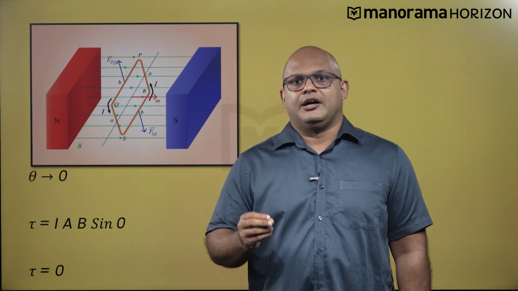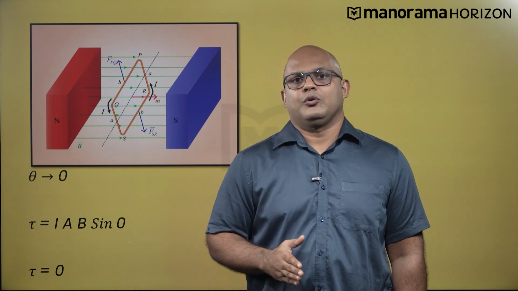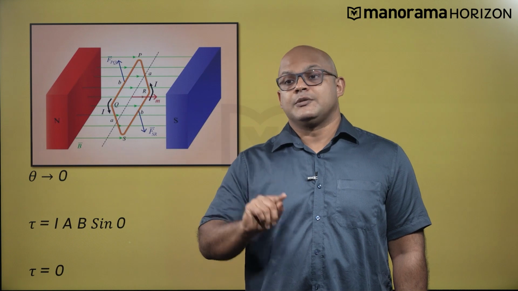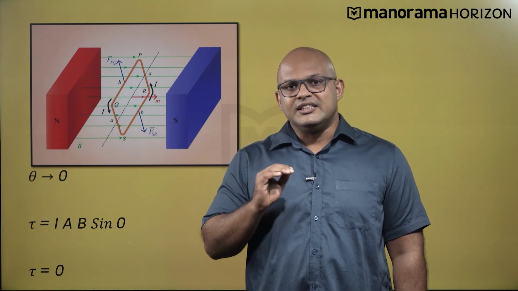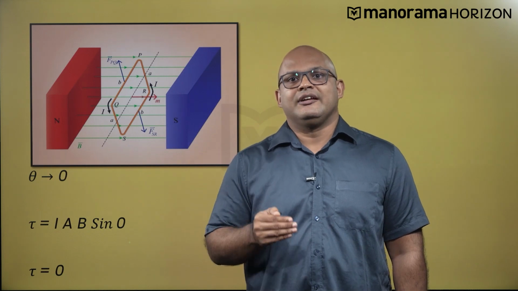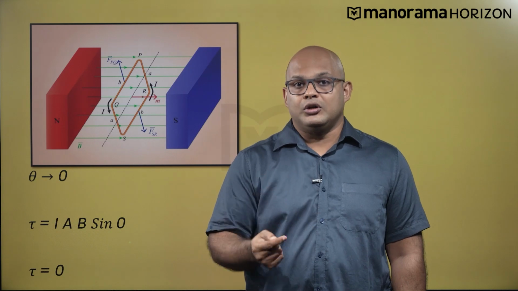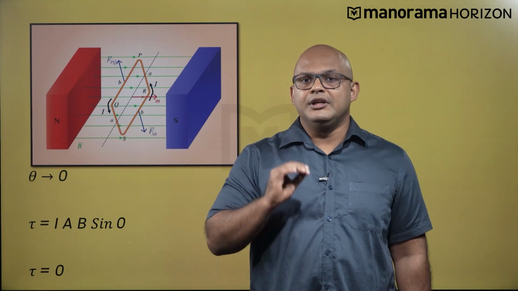So we get a scenario where the net force and torque acting on the system is 0. In this case, the magnetic moment M of the coil is parallel to the external field capital B. This system is at its most stable state in this position, and any disturbance to this equilibrium will create a torque, bringing it back to its original position. So this is a stable equilibrium.